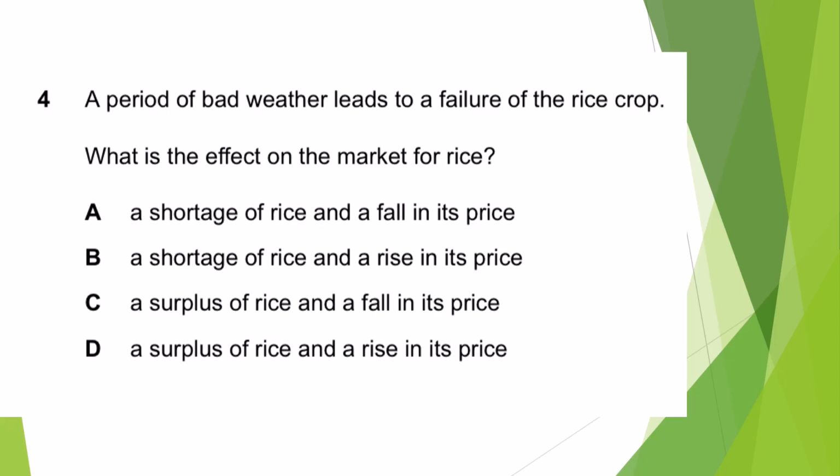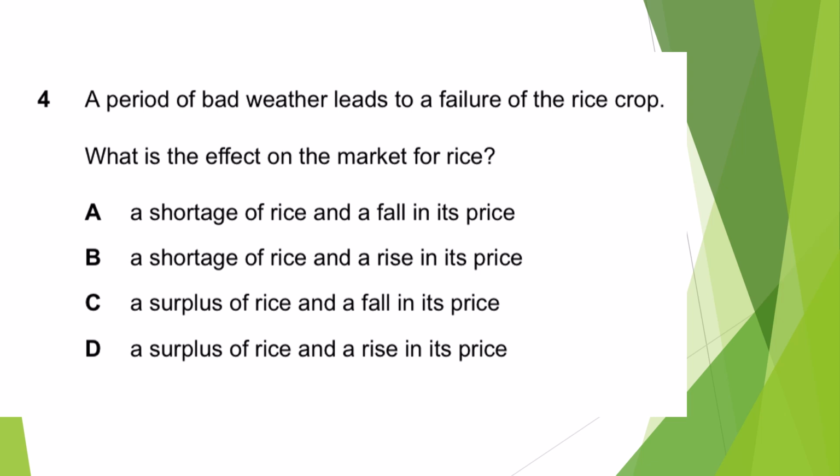Now moving forward to number 4. A period of bad weather leads to a failure of the rice crop. What is the effect on the market for rice? Now, it's not a price factor, right? It's a non-price factor first of all.